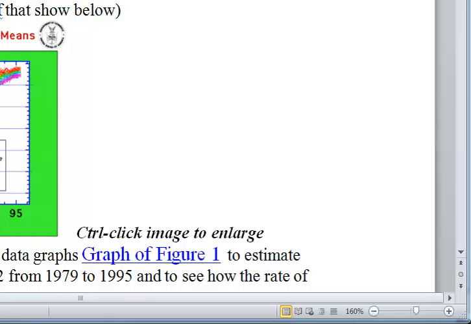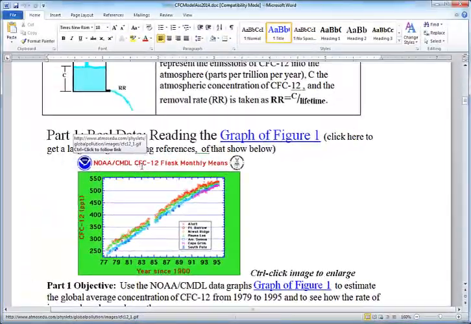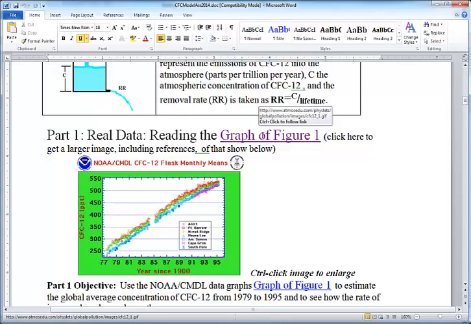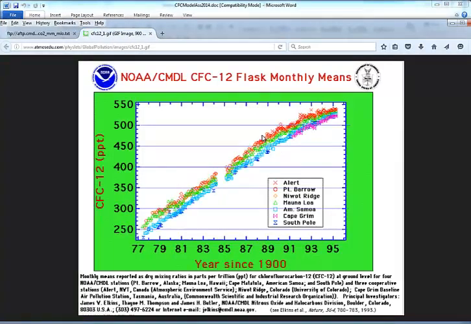And in this graph, this is data from the National Oceanic and Atmospheric Administration on CFC levels using flask samples. And here we have a larger figure. We can click on this and see the data a little bit more clearly and read the graph. The red values here are the northern hemisphere values.